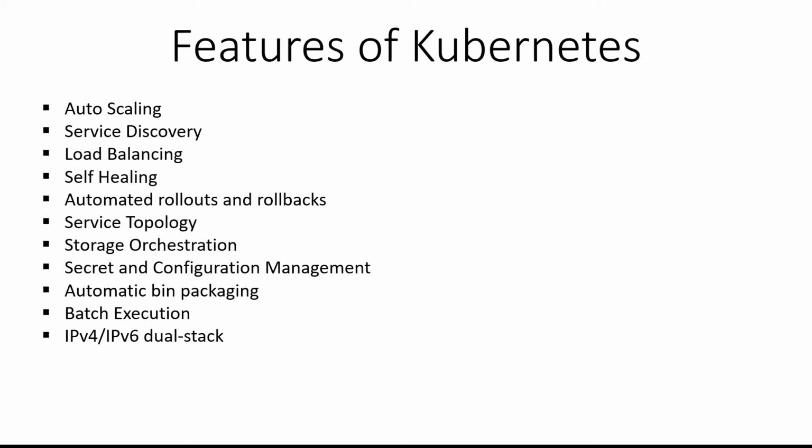Then batch execution. This is a recent addition, the last two in fact. The batch execution is, from the name itself, a batch. Most applications are a one-time deployment, which is simple to manage. But imagine a batch, which means you need to deploy multiple things in the form of batches.